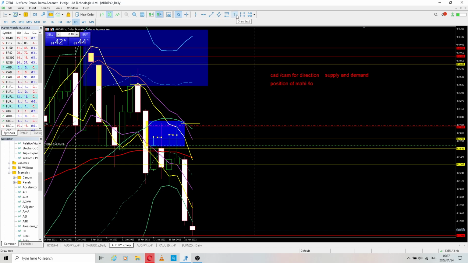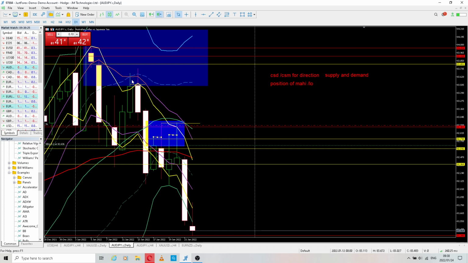So are they inside the zone or outside the zone? If they are outside the zone, guys, you might find that the market will stall for the mahi to come inside the zone. If they are inside the zone, but your zone is above your mahi, then you know that the market might even go to touch that zone, pass your mahi, touch the zone, then reject.